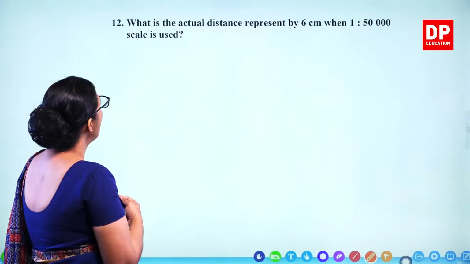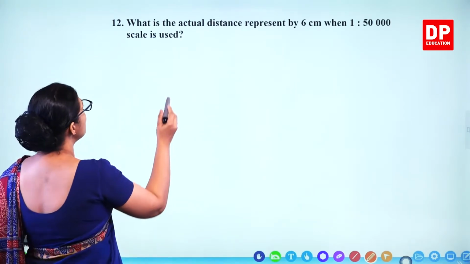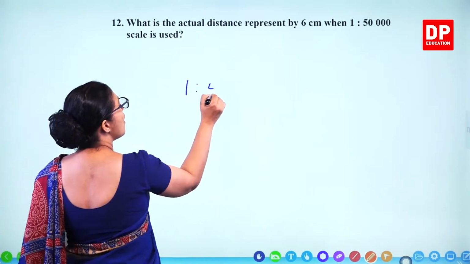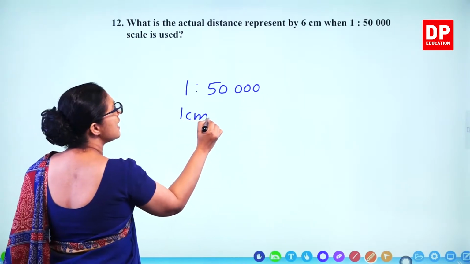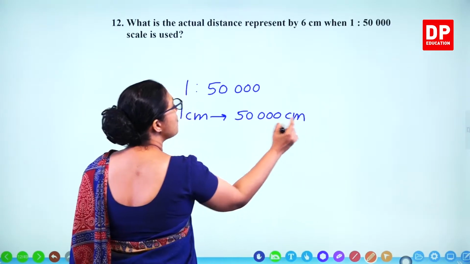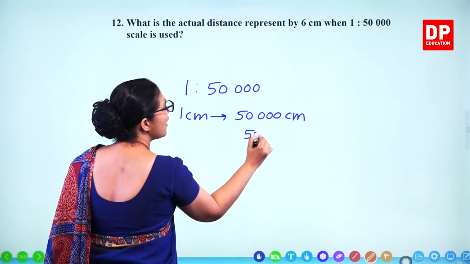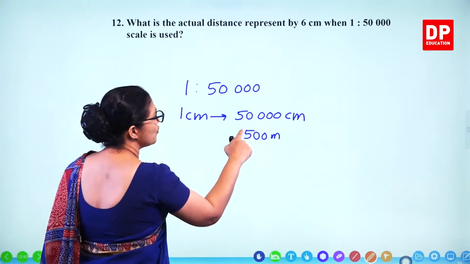Question number 12. What is the actual distance represented by 6 centimeters when 1 to 50,000 scale is used? 1 to 50,000. That means 1 centimeter represents 50,000 centimeters. Divide by 100. That's 500 meters. Divide by 1,000. 0.5.